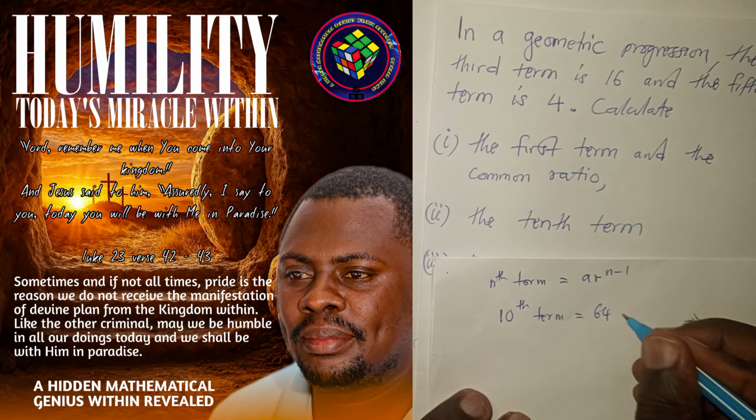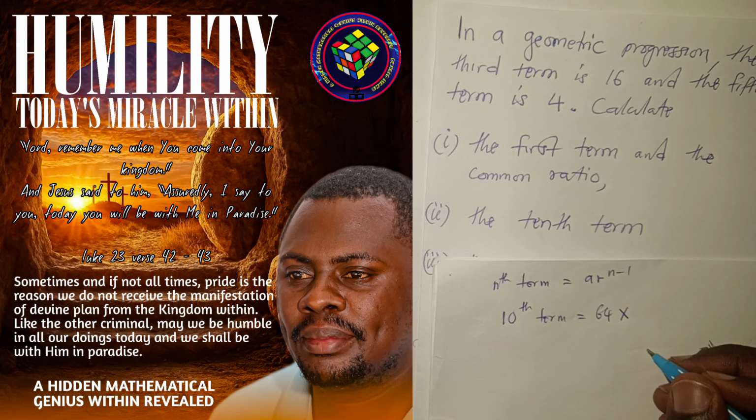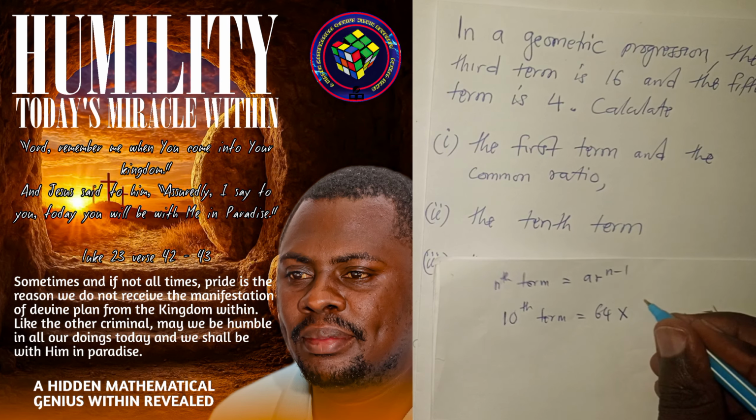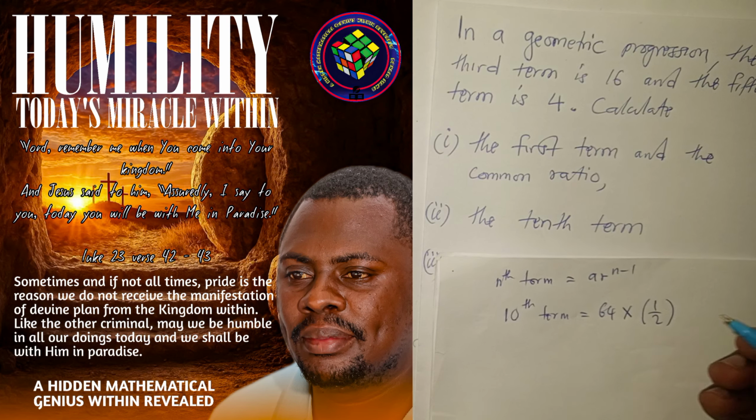So we have 64 multiplied by our common ratio, which is 1 over 2, then to the power n minus 1. We are solving for our 10th term, so n is 10. So 10 minus 1, you get 9.